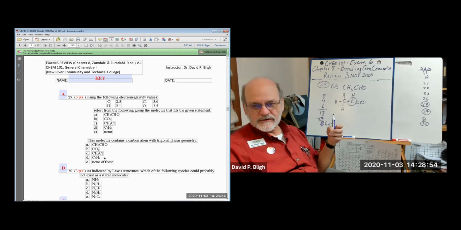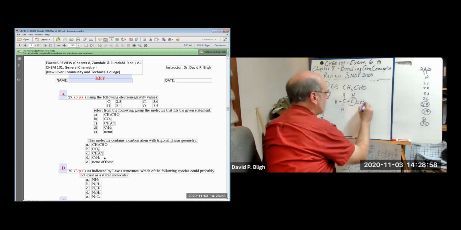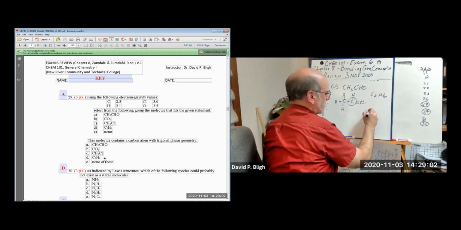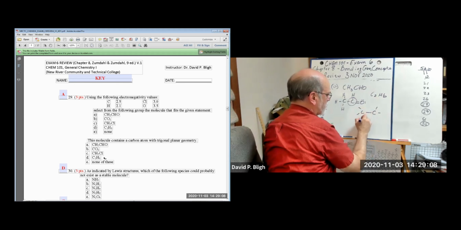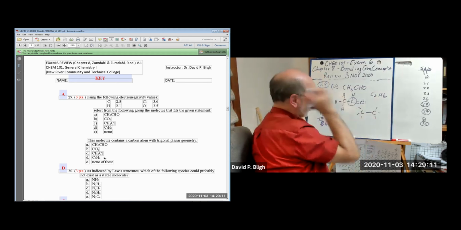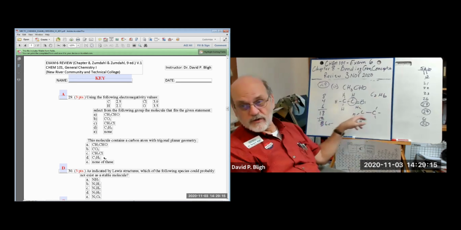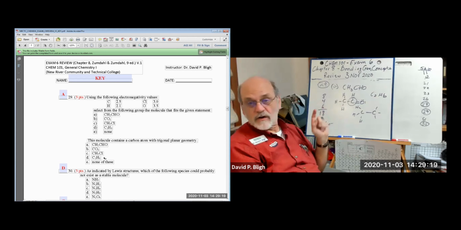And this one is C2H6, which is 2 carbons, 1, 2, 3, 4, 5, 6. 6 hydrogens. Those carbons are both tetrahedral. Right? So A is the only one that satisfies.